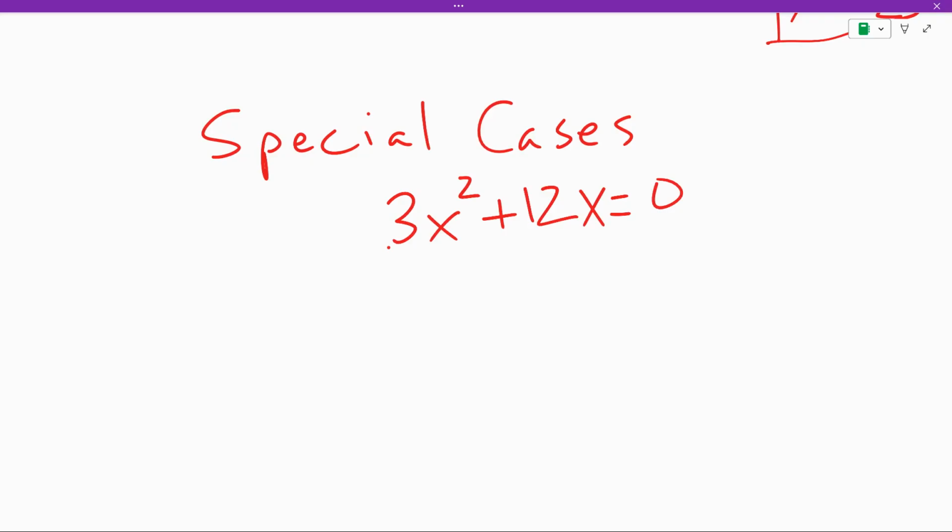Okay, so I'm assuming you guys attempted to find that out, but if you look at this expression, you'd realize we can take out a 3x, which is the greatest common factor.